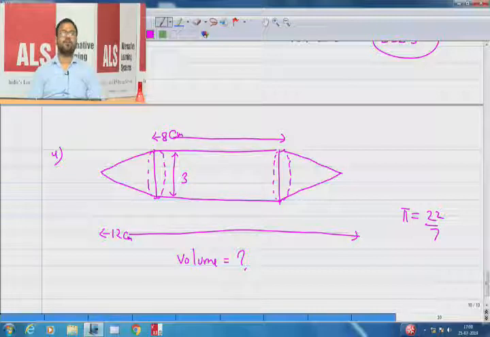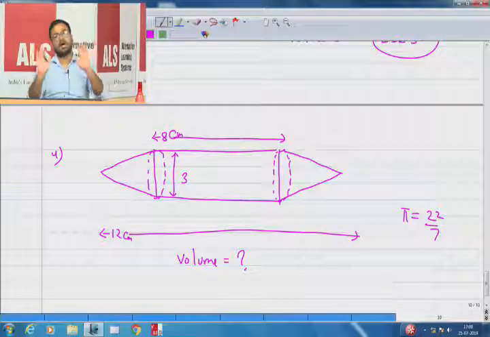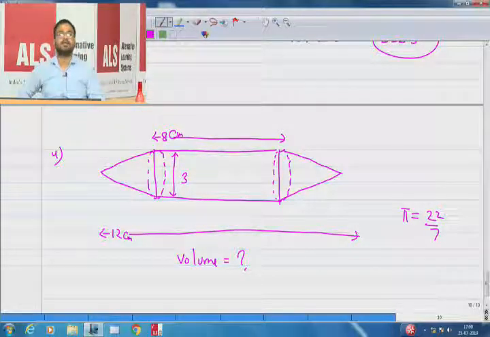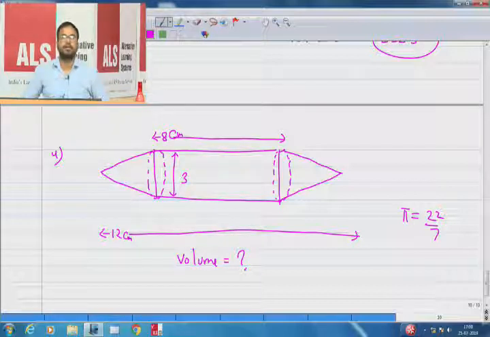Try this, the volume. The two cones, you can say the equal cones are there. Everything is equal regarding the height, regarding the radius, everything.